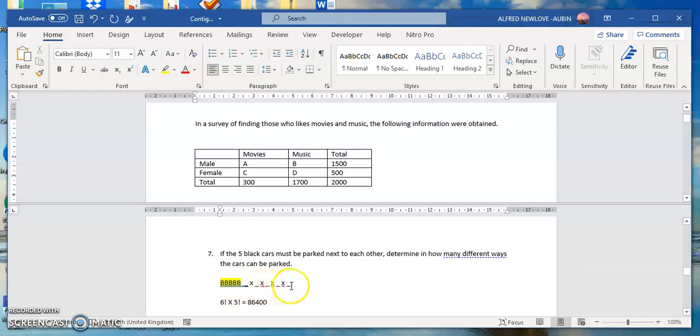So you have 6 spaces. So it's going to be 6 factorial times. Remember, these black cars, you can swap them. The first black can be second, the second can be first, like that. So you have 5 factorial for this because there are 5. The first space can take 5, the second can take 4, 3, 2, 1. So that's going to be 5 factorial. Okay, bye.